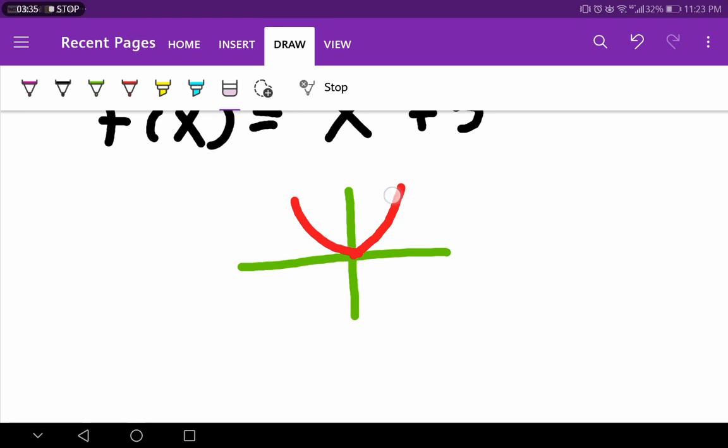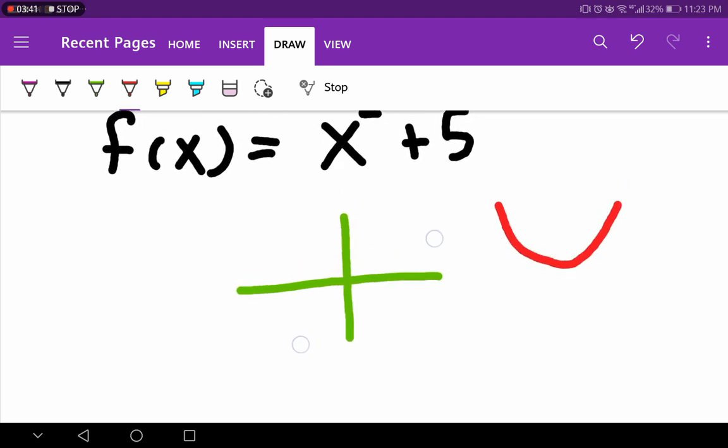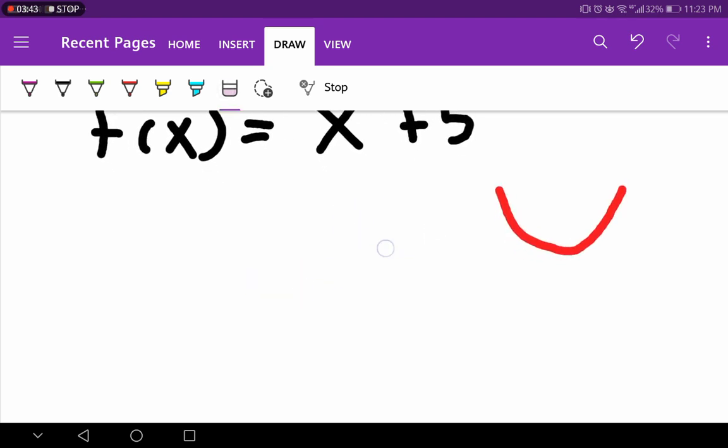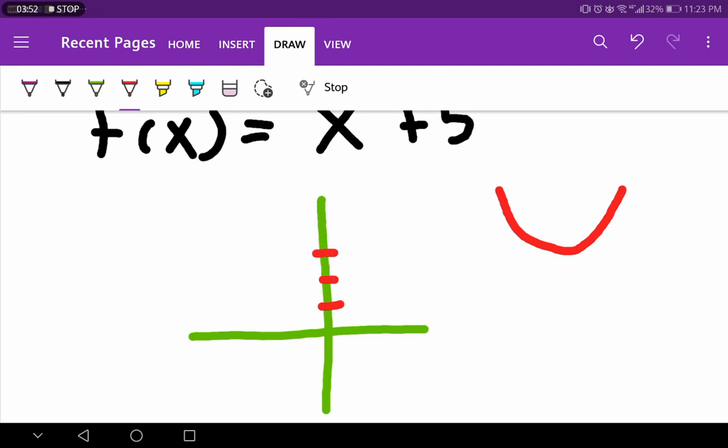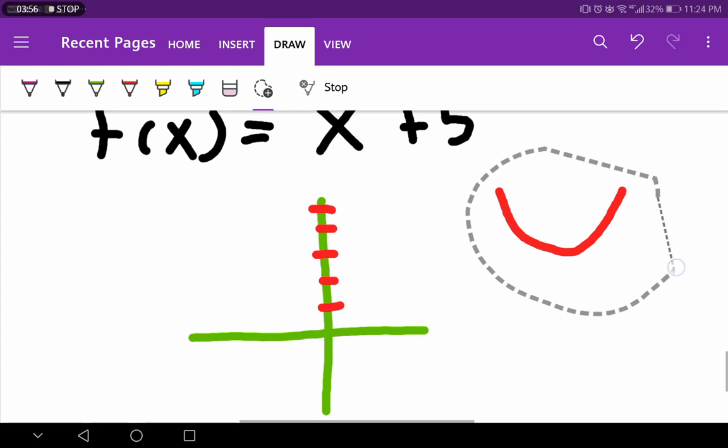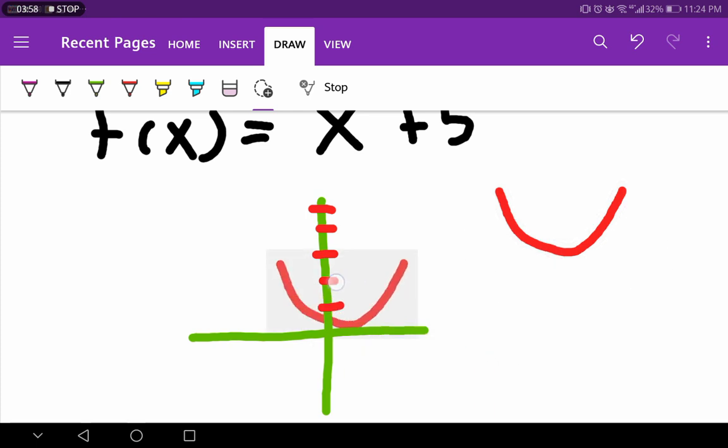I will draw the parent here. Okay, let me fix. I have an idea. This is 1, 2, 3, 4, and 5. So the parent, my dear student, was here, yes?